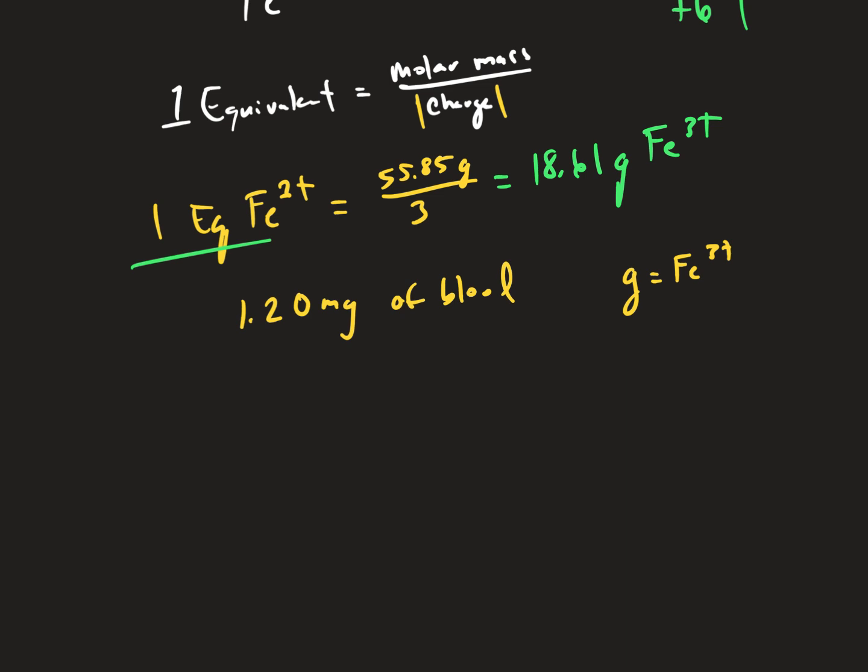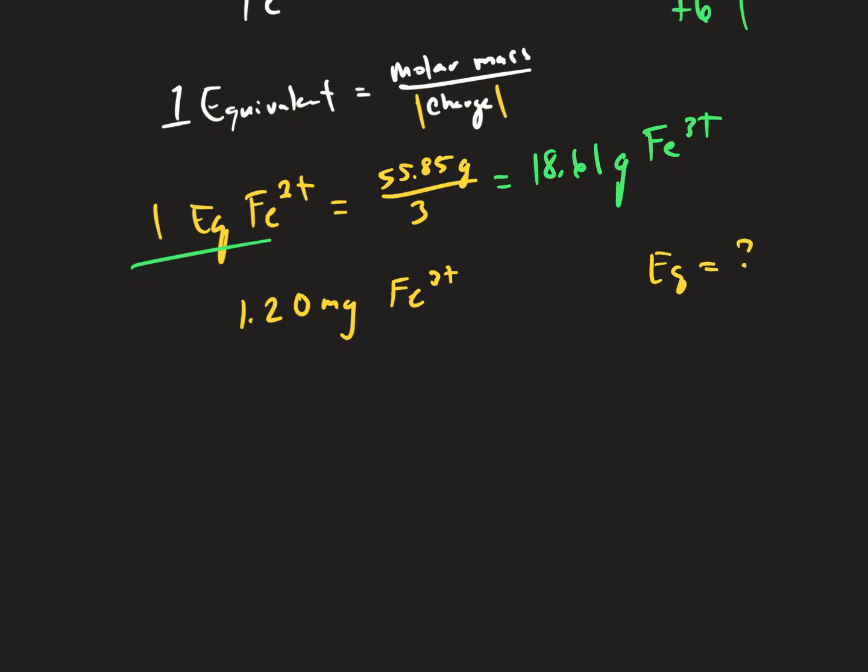No, let's not do that. Let's keep it simple. Let's say it's 1.2 milligrams of iron in our sample of blood, right? Sorry, I got a little carried away. How many equivalents do we have?